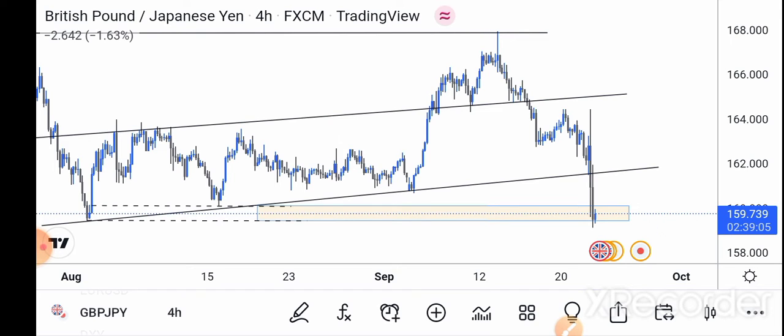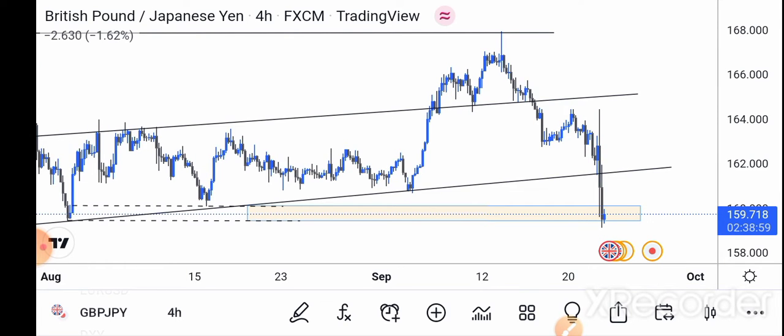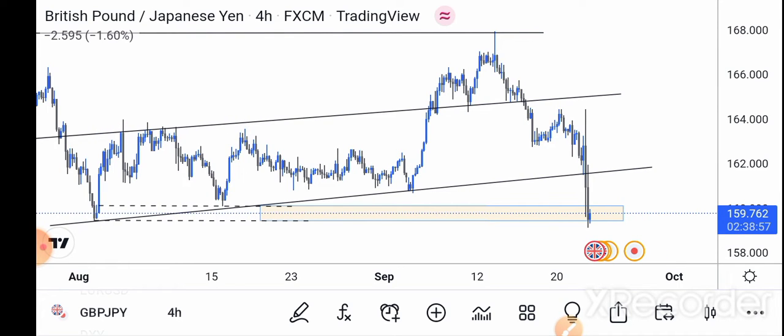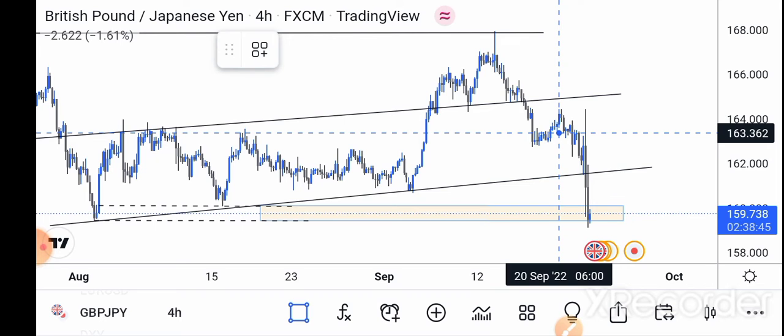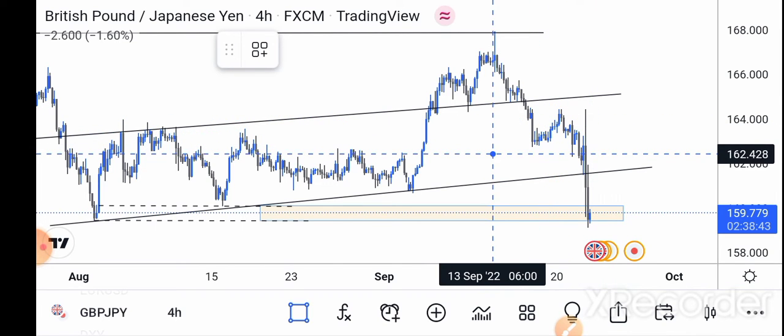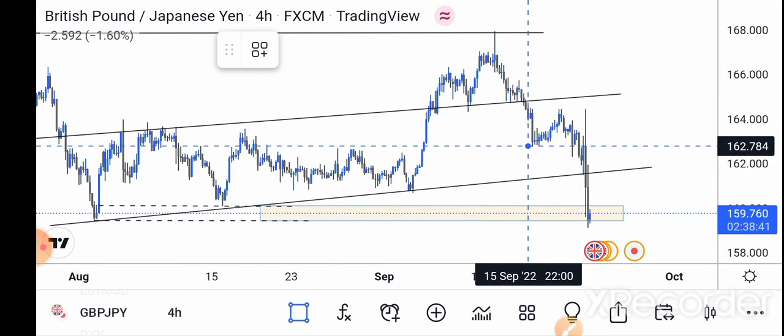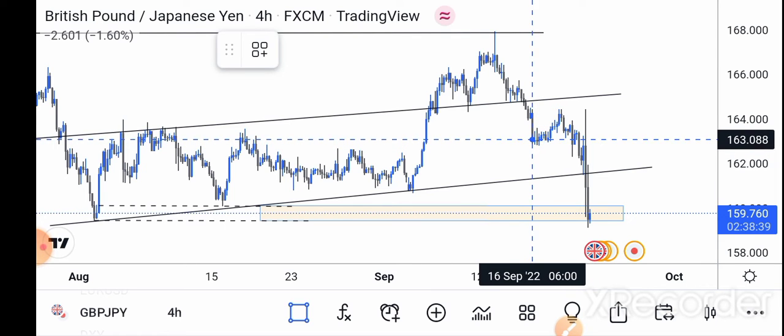Moves like this in the markets don't just happen on normal daily stuff. So now, moving on, I'm going to neglect the other blocks that I drew above there, because I did that when I was analyzing this for a previous trade. So I'm going to put another block somewhere around here.